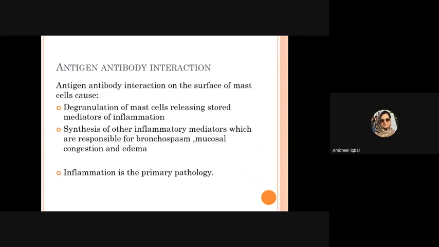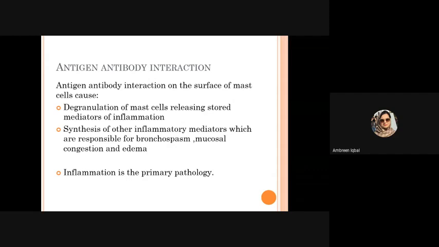When the mast cell degranulates, it liberates these inflammatory mediators that are responsible for causing bronchospasm, mucosal congestion, and edema. Mainly, inflammation is the primary pathology in the whole scenario. Antigen-antibody interaction leads to inflammation, so ultimately we have to deal with this inflammation.